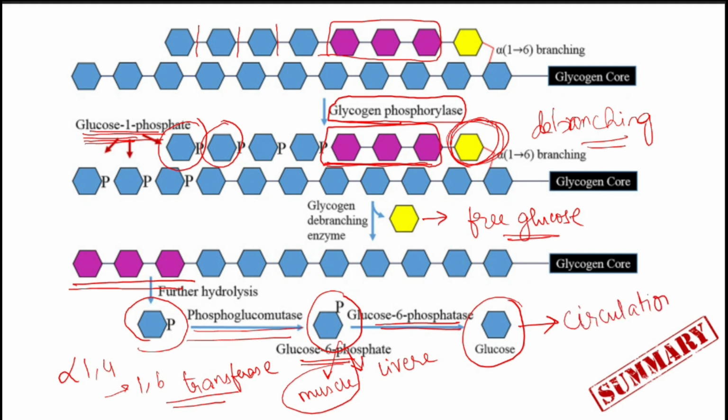Whereas in muscle, because glucose 6-phosphatase is absent, glucose 6-phosphate enters glycolysis, through which it produces ATP that is used for muscle contraction. So this is briefly about glycogen degradation.